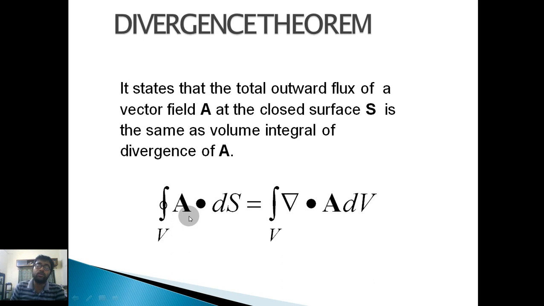Basically, if we take a surface integral over a closed path, what we get is the net outward flux of vector field A from the closed surface.